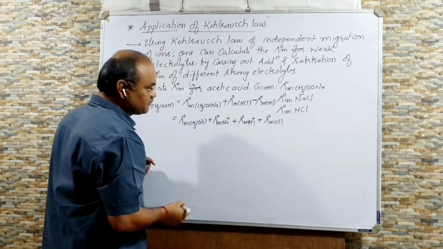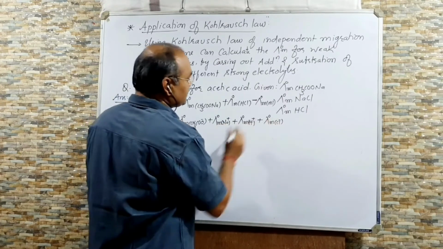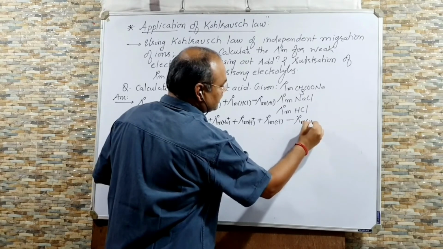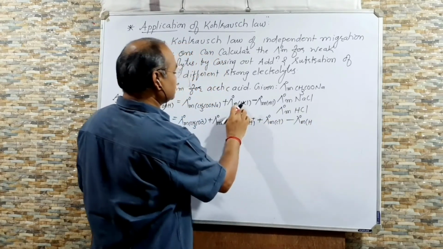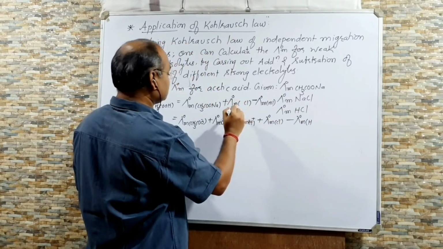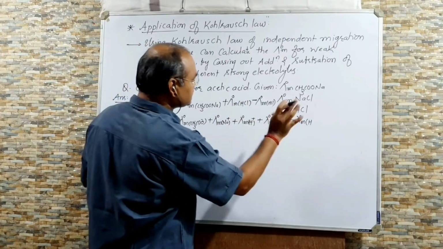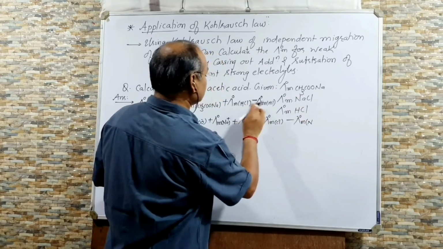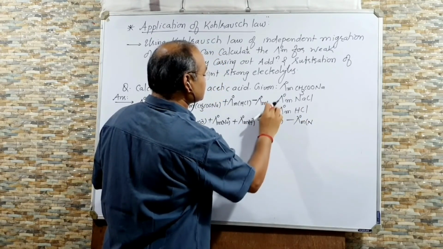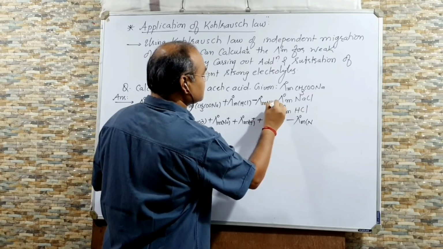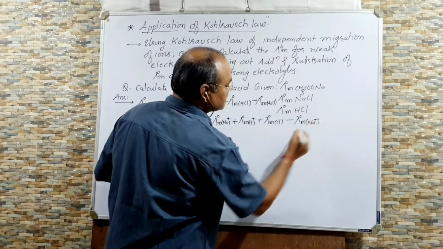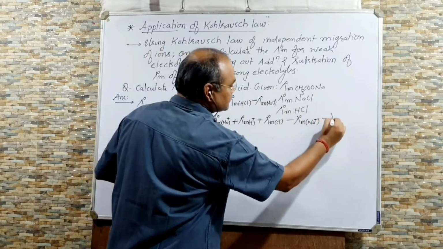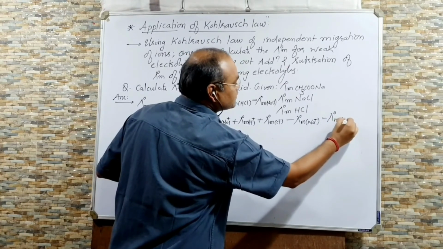Then minus lambda 0 m NaCl, sorry, I have written it twice, that's why I am confused, but no problem. NaCl is Na plus Cl minus, but before that there is a minus sign. So minus lambda 0 m Na plus, minus lambda 0 m Cl minus.